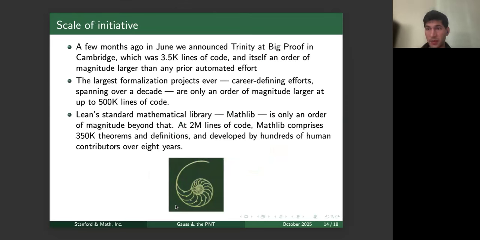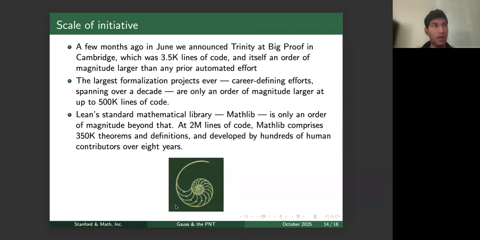And perhaps for some context, Gauss was an agent developed over the summer, a prototype of which we announced back in June at this big proof conference in Cambridge, for which an earlier version of Gauss was able to produce a 3,500 line proof of a result relating to the ABC conjecture on average. And that result itself was about an order of magnitude larger, as counted by the number of lines of code, than any prior automated effort.